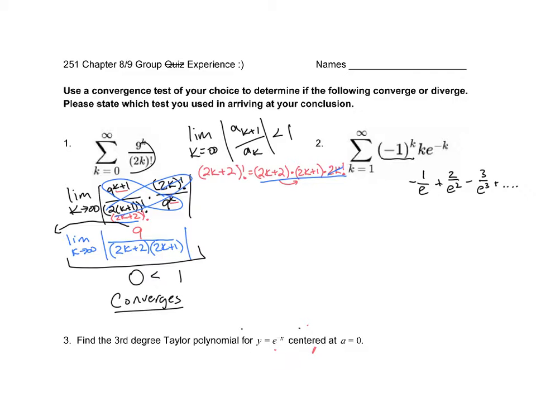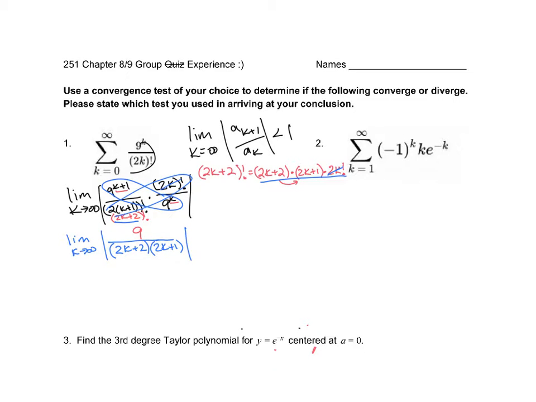It's an alternating series, just to get experience with the ratio test, show you that it works. Again, if we apply the limit as k approaches infinity of the absolute value, the absolute value of this is just going to turn it into a 1.